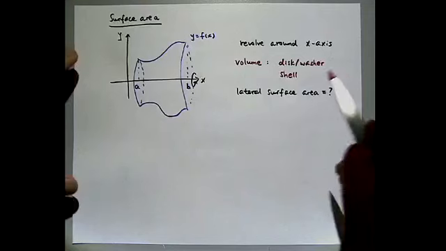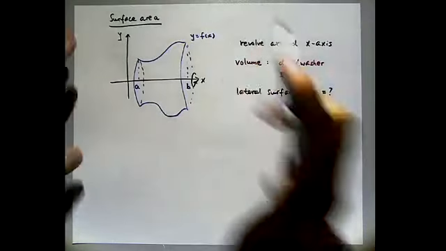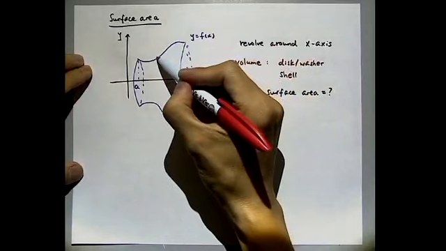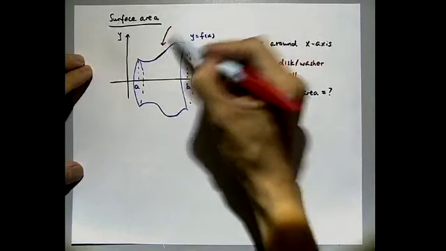All right, so here's the way we're going to do that. Once again, we're going to consider a short segment somewhere on this graph. Let's say from here to here.